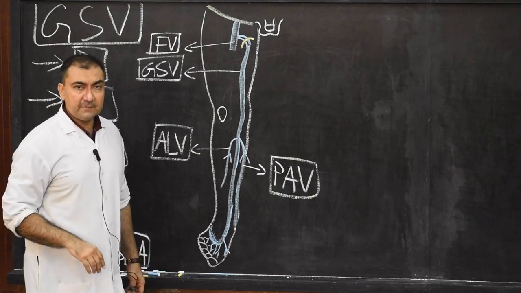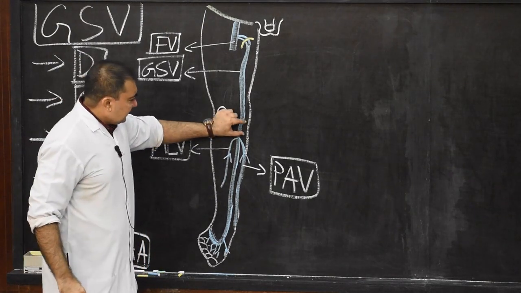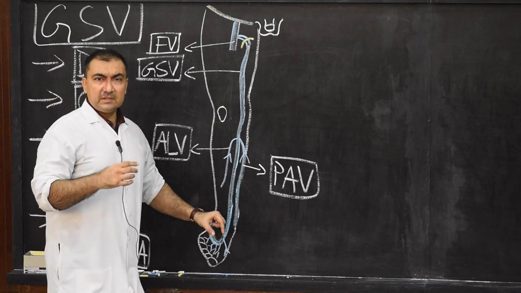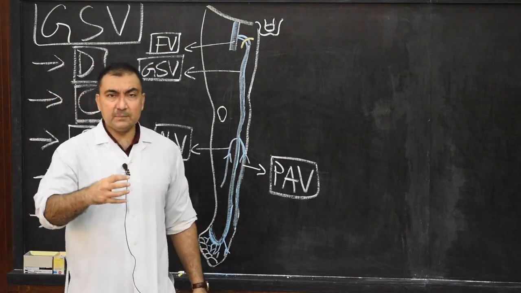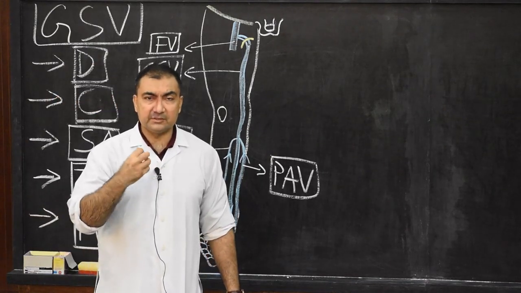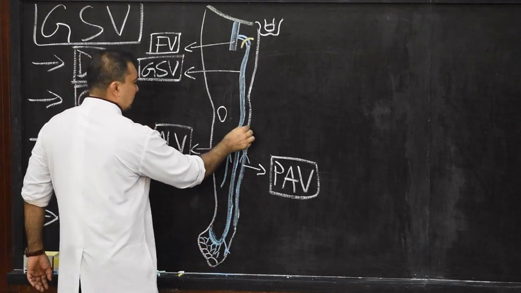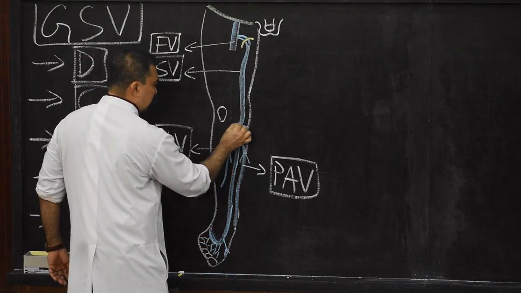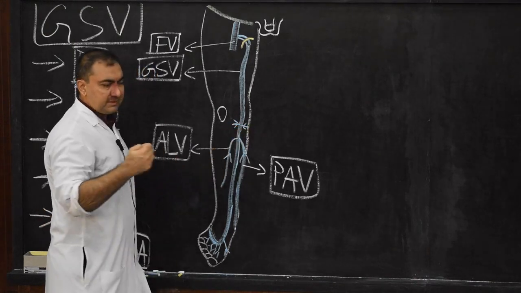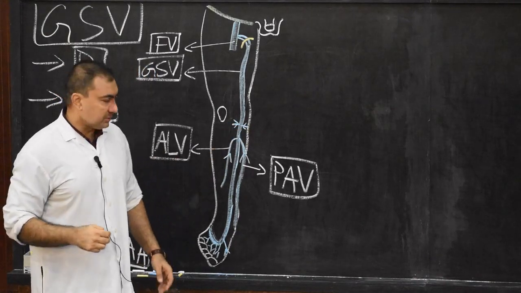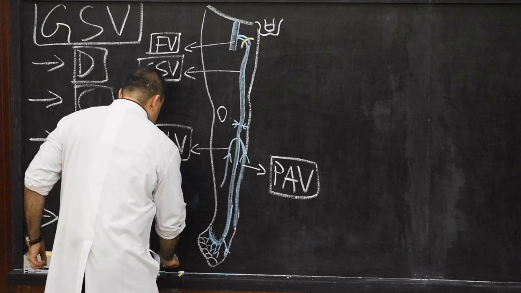The third tributary: there are certain small tributaries from the calf which will drain the blood from the short saphenous vein. So they are the third tributaries.